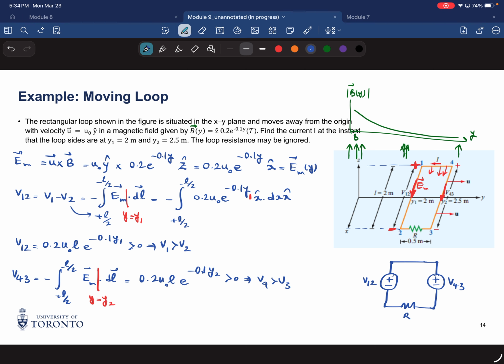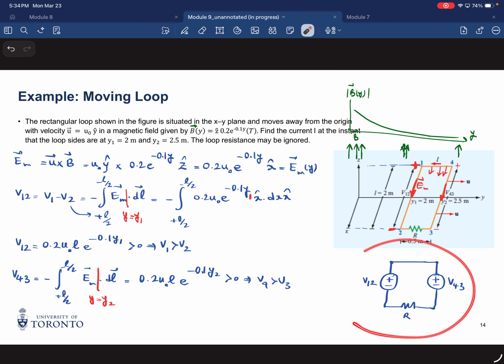If I want to find the current direction here, I need to find if V43 is larger than V12 or vice versa, right? Circuit theory. If I want to find the direction of I in this circuit, I need to know which one of these voltage sources is the bigger one, right?